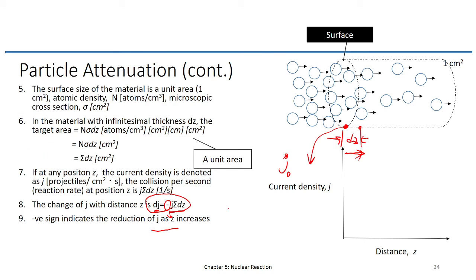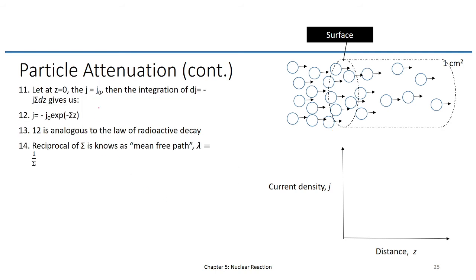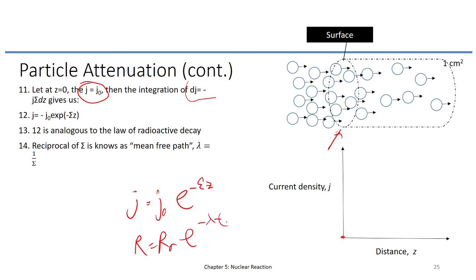With these equations, if we consider at zero, at the surface, the current density is j naught, and you integrate dj, you will get j equal to j naught exponential minus sigma z. This is similar to R equals R naught exponential minus lambda t.